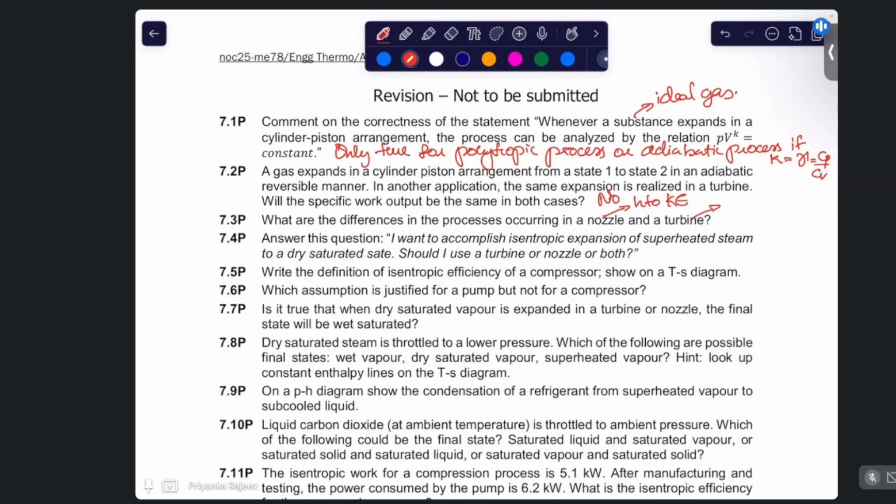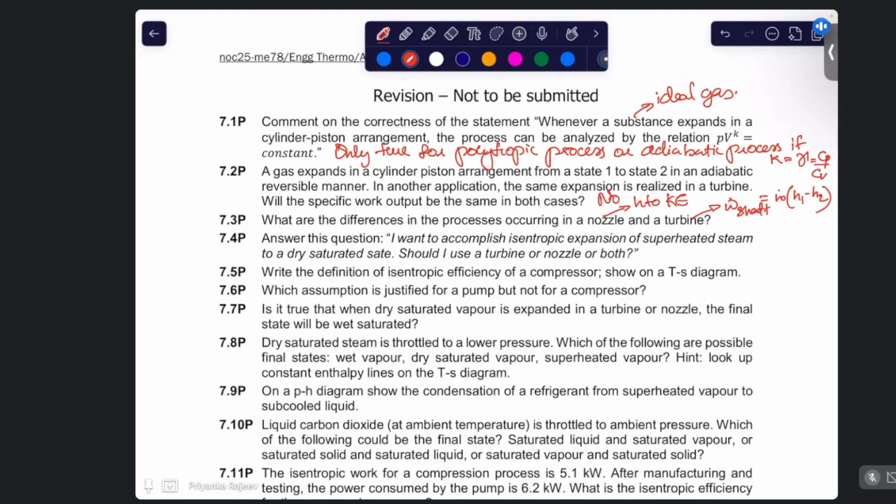So W shaft equals m dot (H1 minus H2). So in a turbine there is no kinetic energy change, but in a nozzle there is a kinetic energy change. Another difference is that a nozzle does not have any shaft work output, but a turbine has work output.